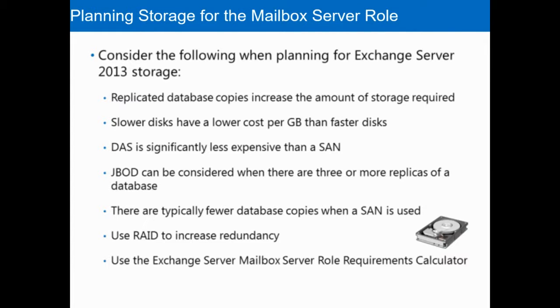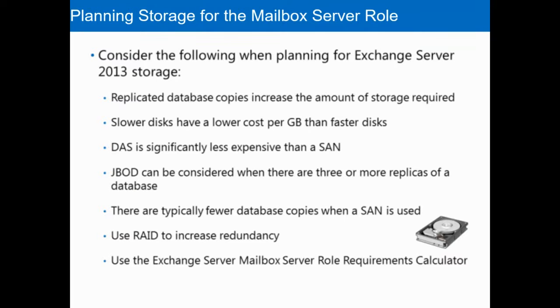For example, to lower disk input output, you can consider using large 7200 rotations per minute disks rather than smaller, faster, for example, 15,000 rotations per minute disks.